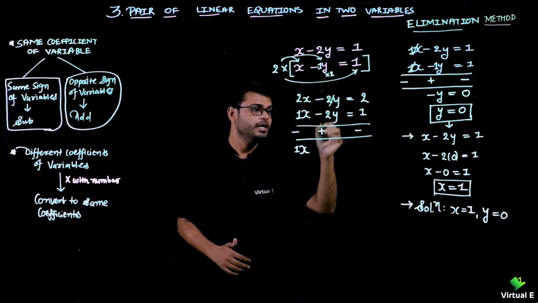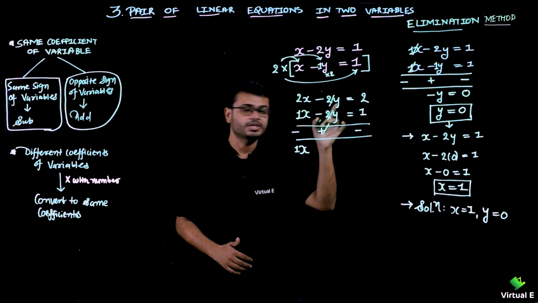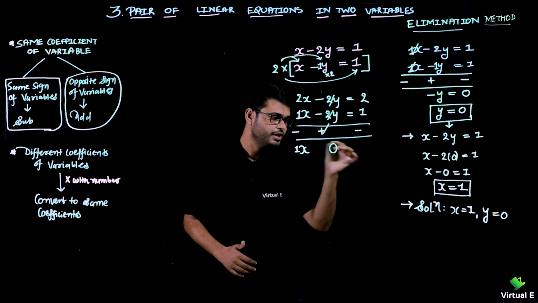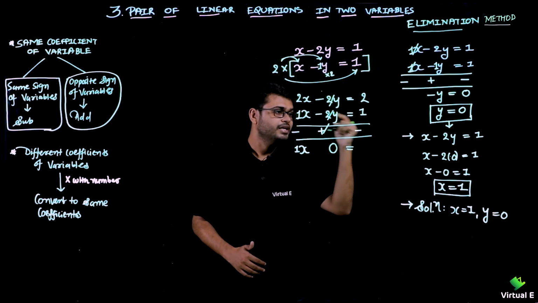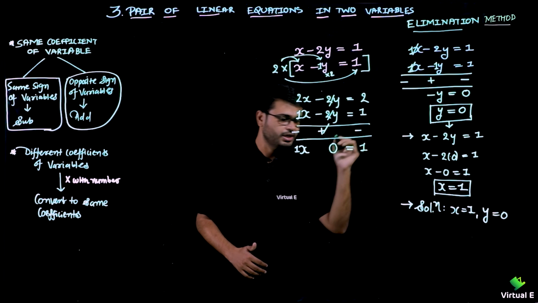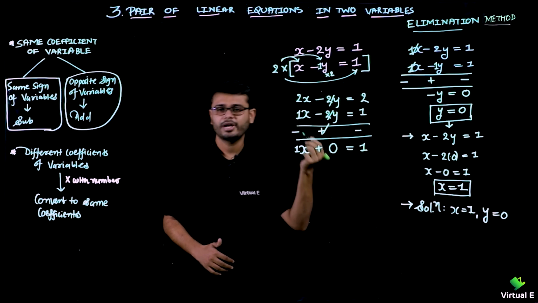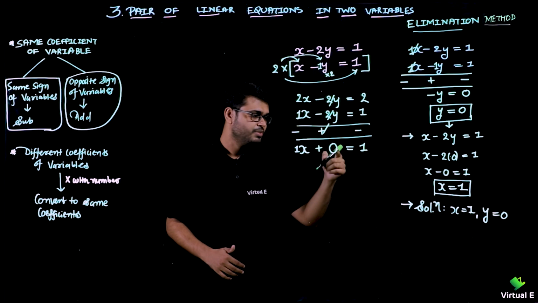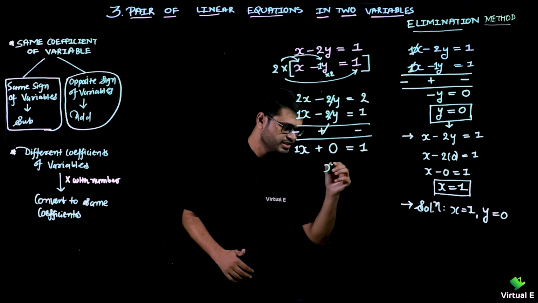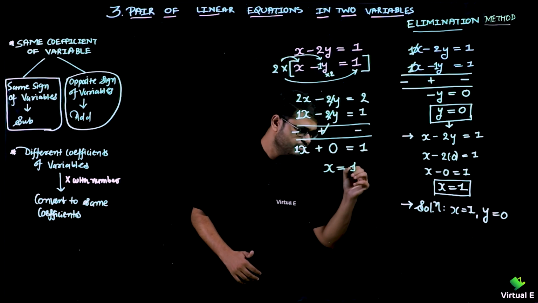So minus 2y and plus 2y, those are cancelled. So 0 over here, and 2 minus 1, that is 1. So what's my solution? Let me just keep plus over here to avoid any confusion. x plus 0 is equal to 1. So my solution for x is 1.